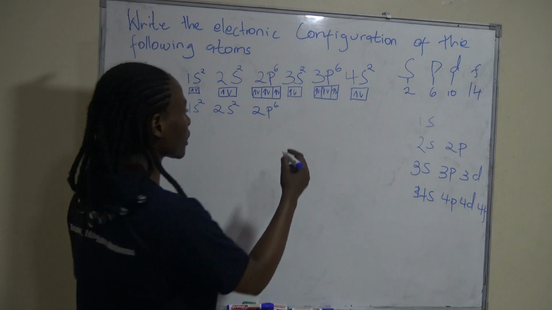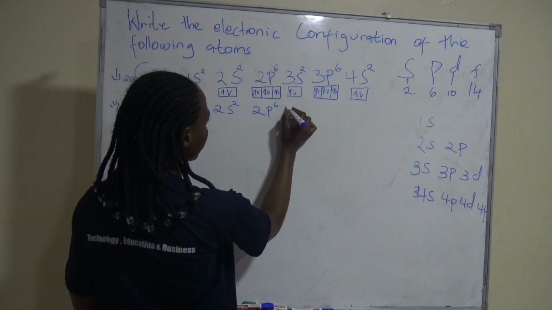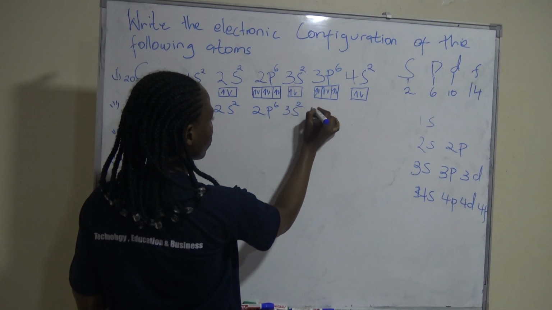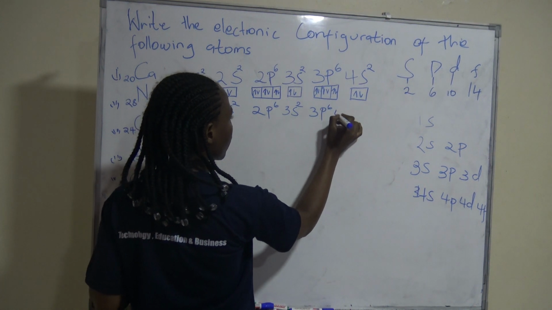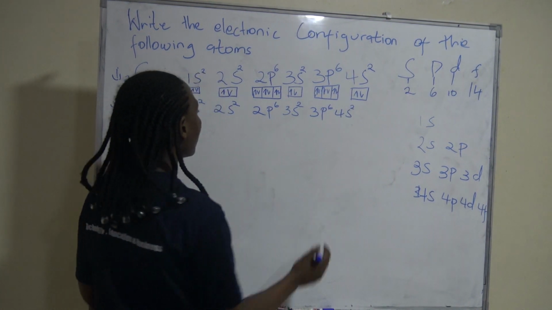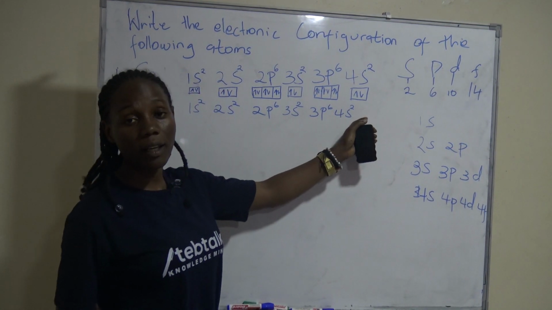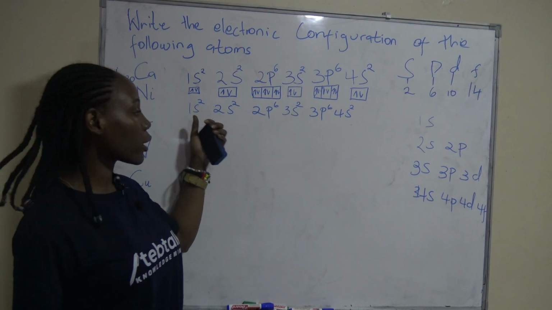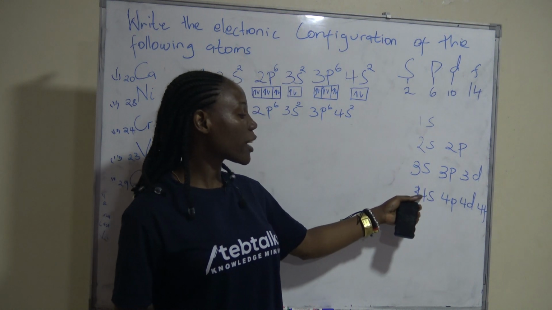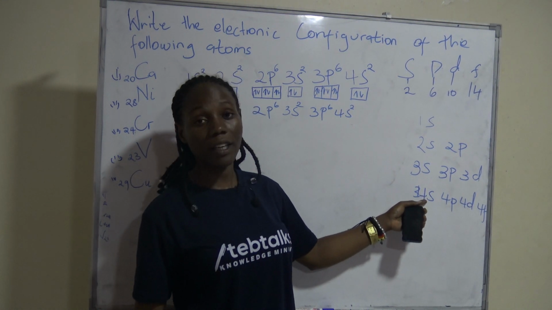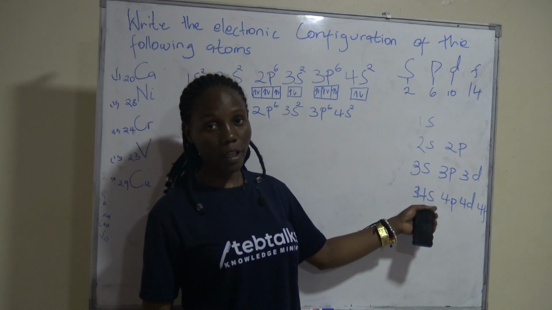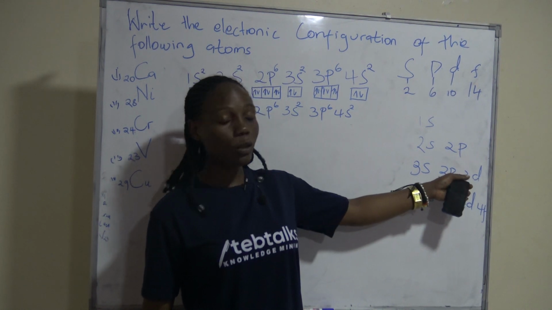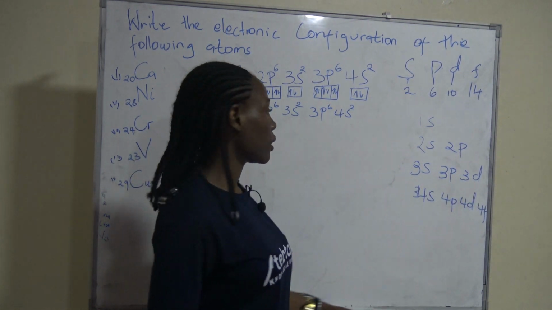Then we see what happens after that: 3s2, 3p6, 4s2. So far we are at 20 electrons and we still have a balance of 8 electrons. From the Aufbau principle, after filling in the 4s energy level, we go back to fill the 3d energy level.